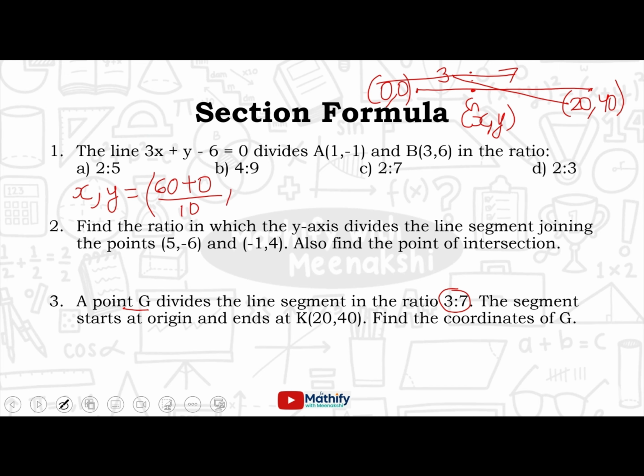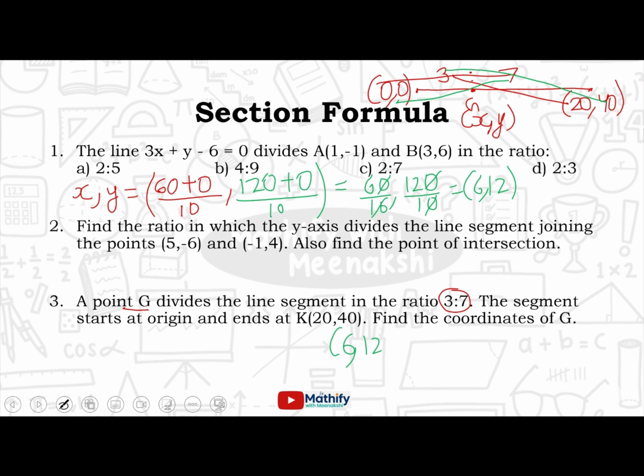Now for y, you will again do cross multiplication. 3 into 40, that is 120, plus 7 into 0, that is 0, divided by sum of ratio, again 10. So your answer is 60 divided by 10 comma 120 divided by 10, and that will give you 6, 12. So answer of third is 6, 12.